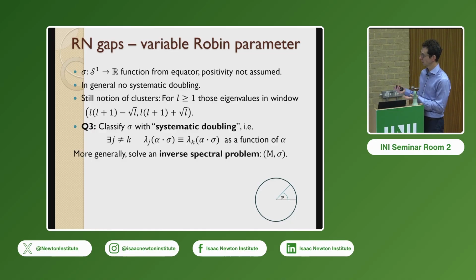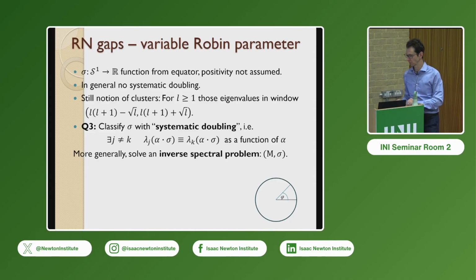This is an inverse spectral problem. More generally, let's suppose that instead of the sphere we take any surface, and let's suppose that we encounter two branches that coincide. What does it say about that billiard? I have no idea.